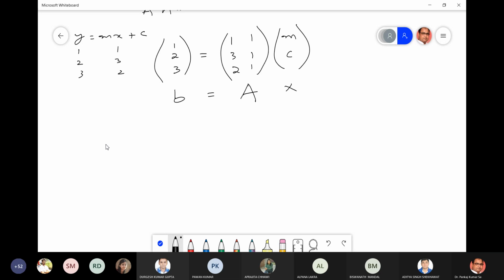So the formula that we have is A transpose A x is equal to A transpose B. So this A transpose becomes, rows become columns.